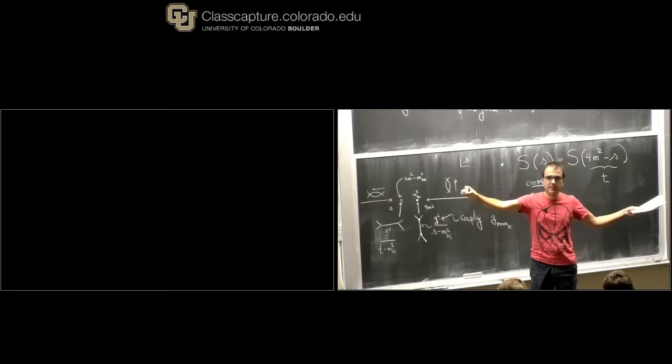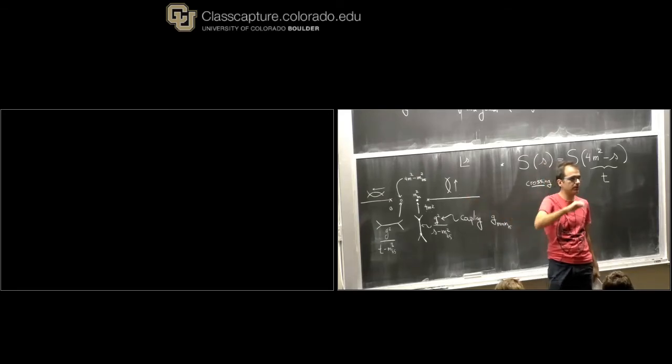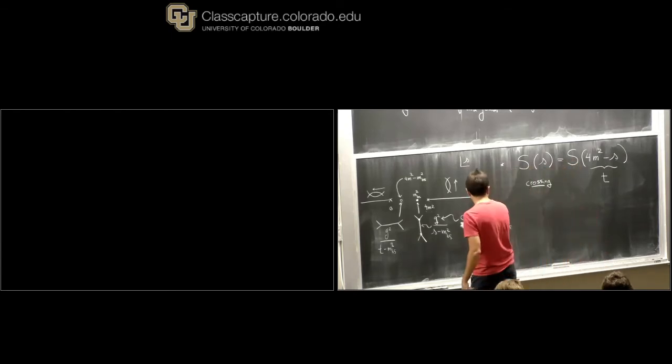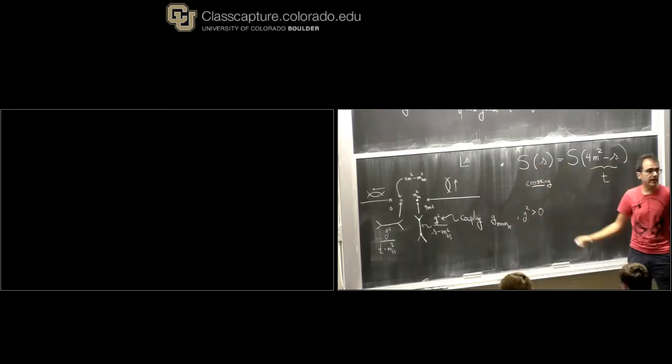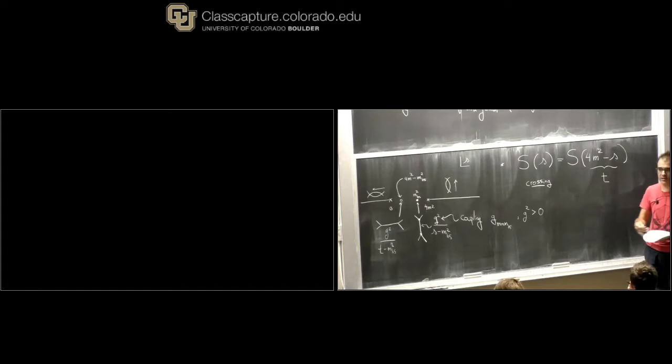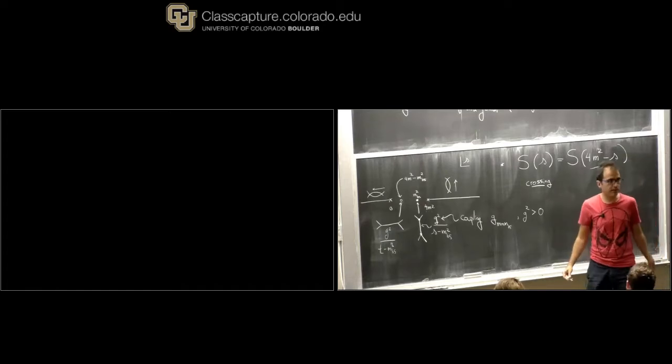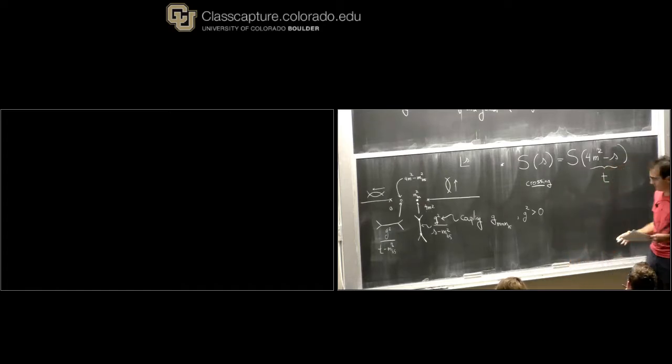The ones with positive residues are your bound states, and the ones with negative residues are the cross channel, the T channel exchange. So this is coupling, and here we have g squared positive. This positivity of g squared is basically the reflection positivity that I think we'll see in the next lecture, applied to proving the unitarity bound, for example.